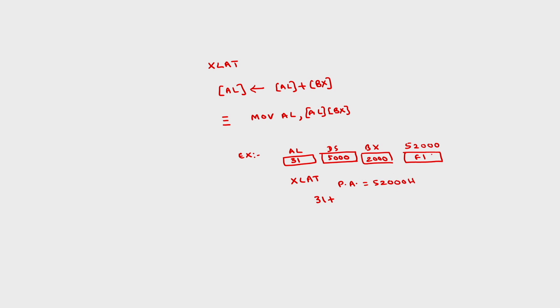The contents of 52000 are F1. So the contents of BX give the address, and within that address some data will be there. What will this be? F plus 3, F plus 1 is 10, 11, 12. So 12F.